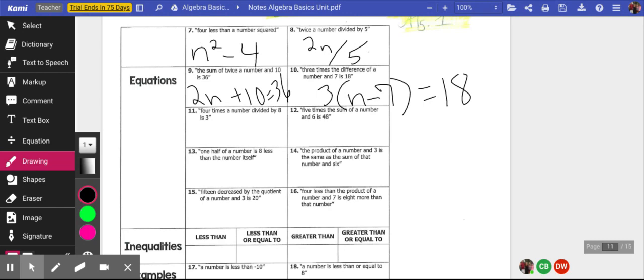So 1/2 a number you can show 2 ways. I think of it as this, 1/2 a number. But you can also think of it as this. Either way works. Okay, and then you have is 8 less than, so you have that keyword than, so 8 less than the number. So you can choose either one of these, and that goes on that side.